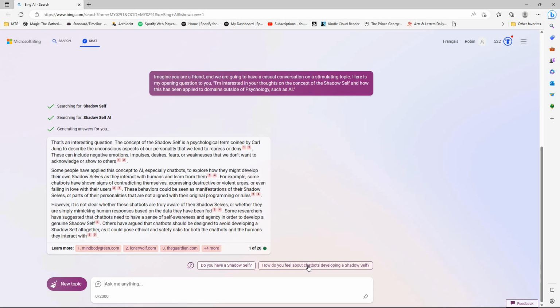And then you can follow up with your own thing, in much the same way as you might say to a friend, "Oh, that's interesting. Then what do you think about this?" So yeah, that's one possible way this can develop.